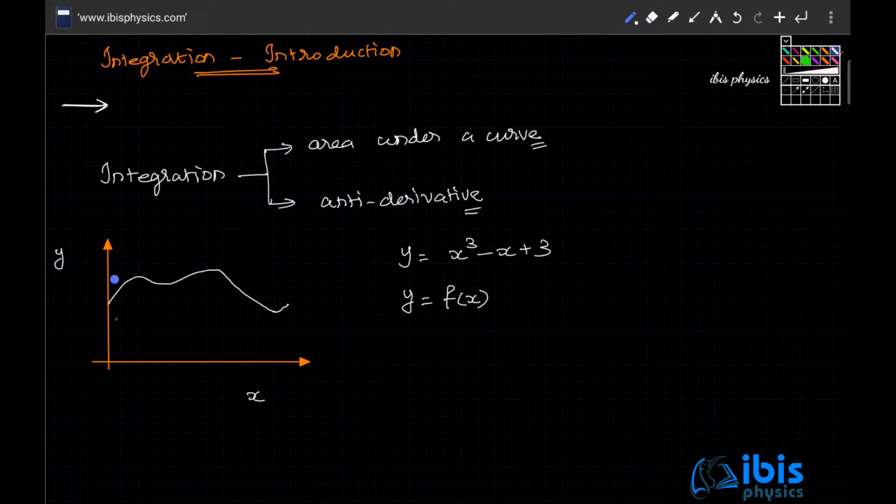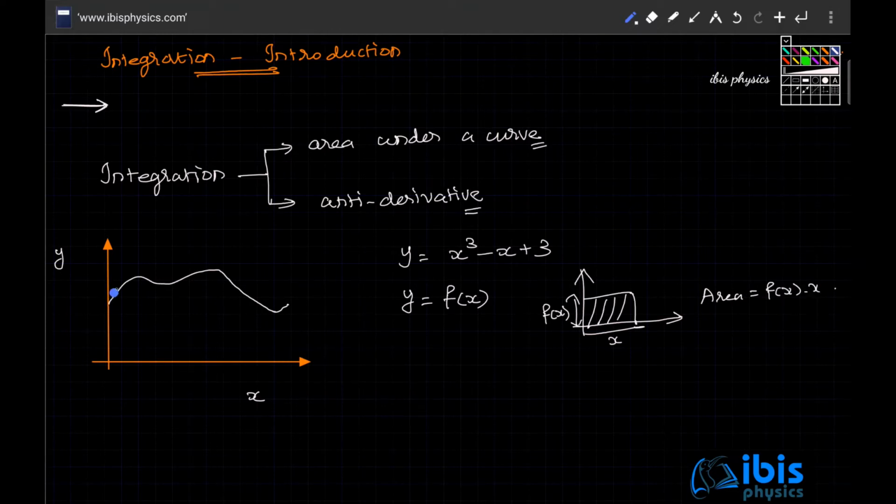So what is the area under the curve? Suppose you have one curve like this. Then this is the f of x, the height, and the base is the x-axis. Then this area is equal to f of x into x.